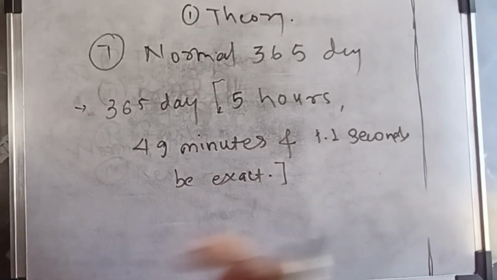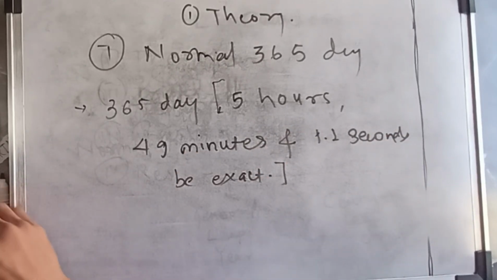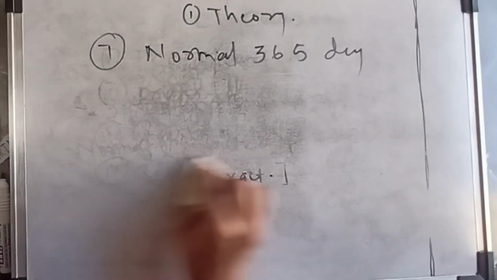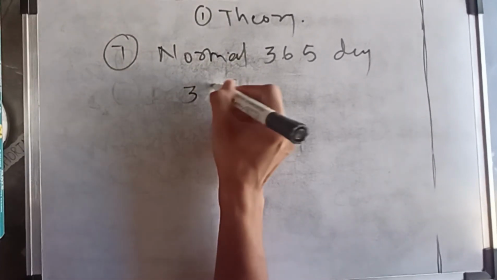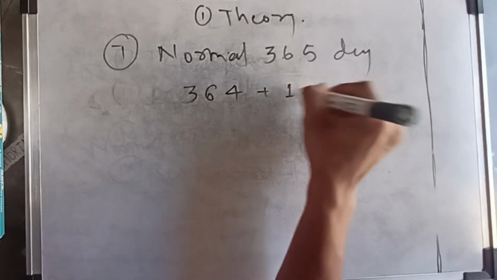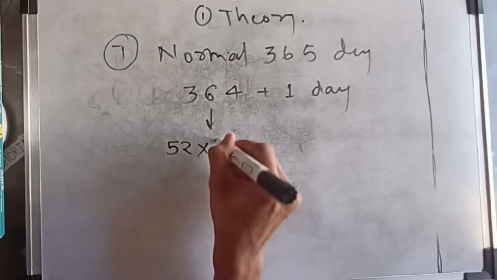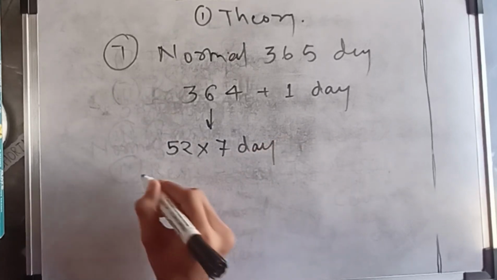So now we have 365 days in a year, which means there are 52 weeks and one extra day. So it is 364 plus 1 day, and this 364 is 52 into 7 days, 52 weeks.